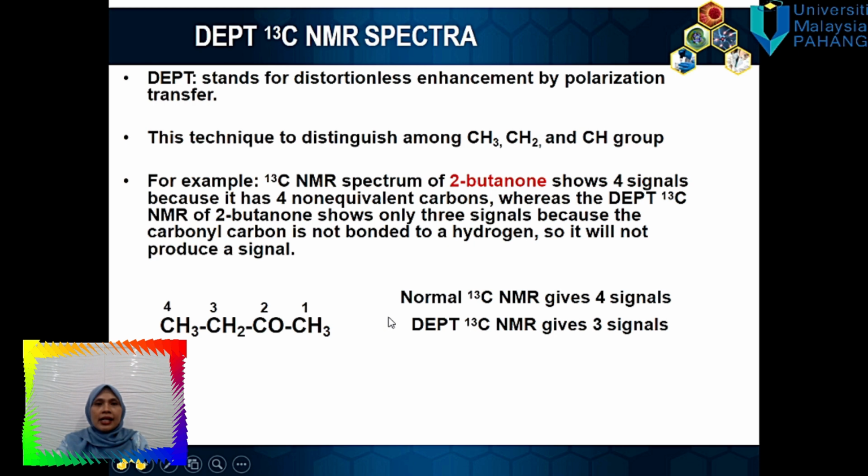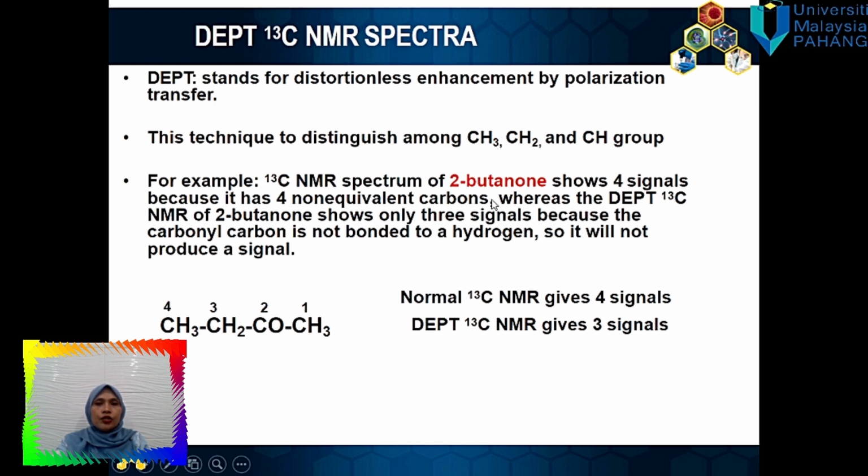Let's see the example here. Before we go to the example, let's know the full name of DEPT. It stands for Distortionless Enhancement by Polarization Transfer. This technique distinguishes CH3, CH2, and CH groups.